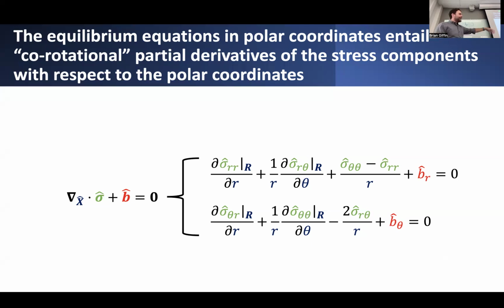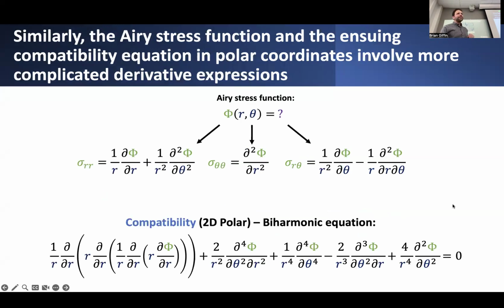All right, so if we have this expression for equilibrium, we can also extend our definitions of transformations between Cartesian and polar coordinate systems to not just come up with the resulting equilibrium equations, now in a polar coordinate frame. We can also come up with expressions for an Airy stress function that is posed not in terms of x and y, but rather in terms of these cylindrical polar coordinates, r and theta.